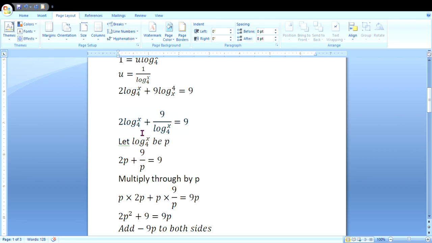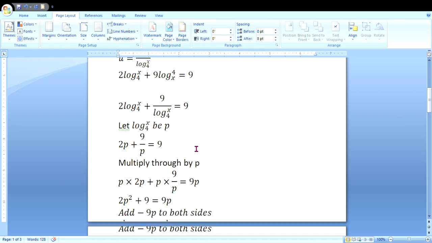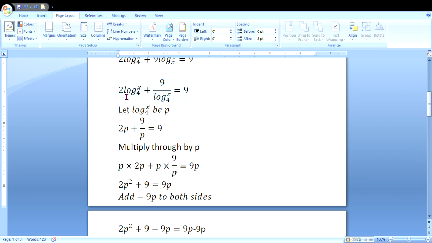Even though the bases look the same now, we cannot solve because this is a fraction already. So we say let log x to base 4 equal p, and this becomes 2p plus 9 all over p is equal to 9.